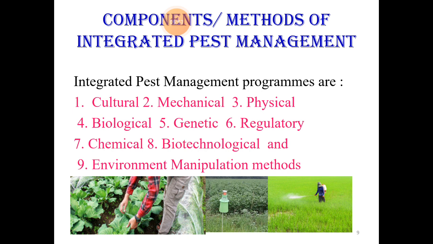In today's class, we shall consider only the major types. It includes cultural control methods, mechanical methods, physical methods, biological methods, genetic control methods, regulatory methods, chemical control methods, biotechnological methods, and environment manipulation methods.